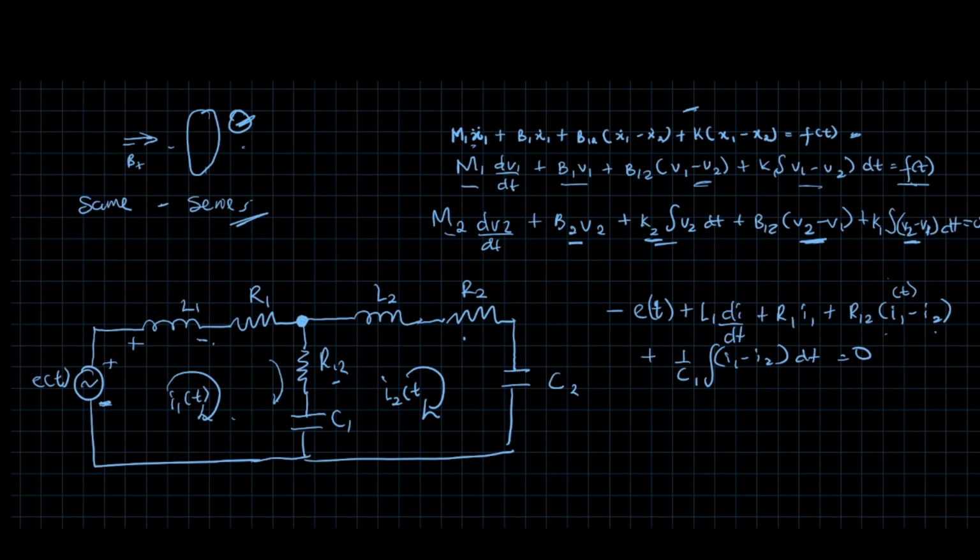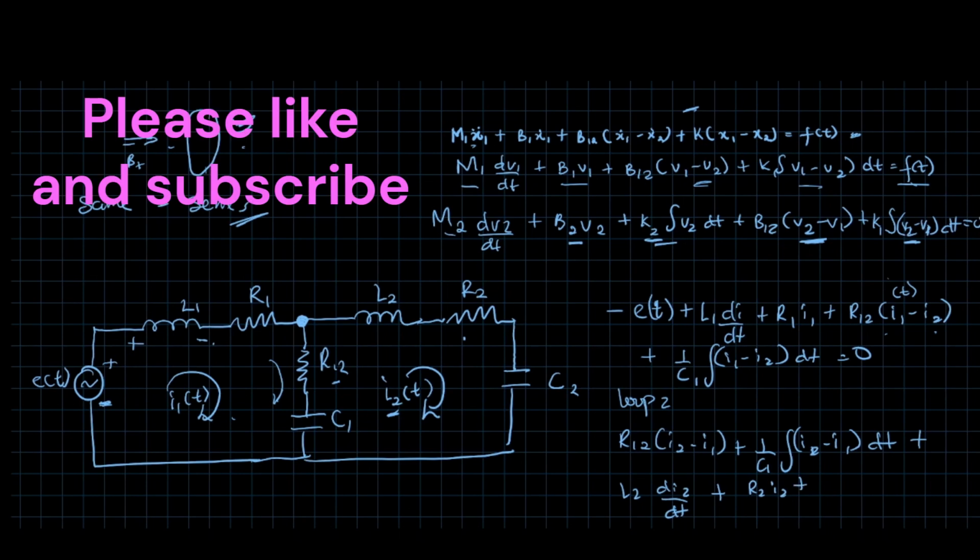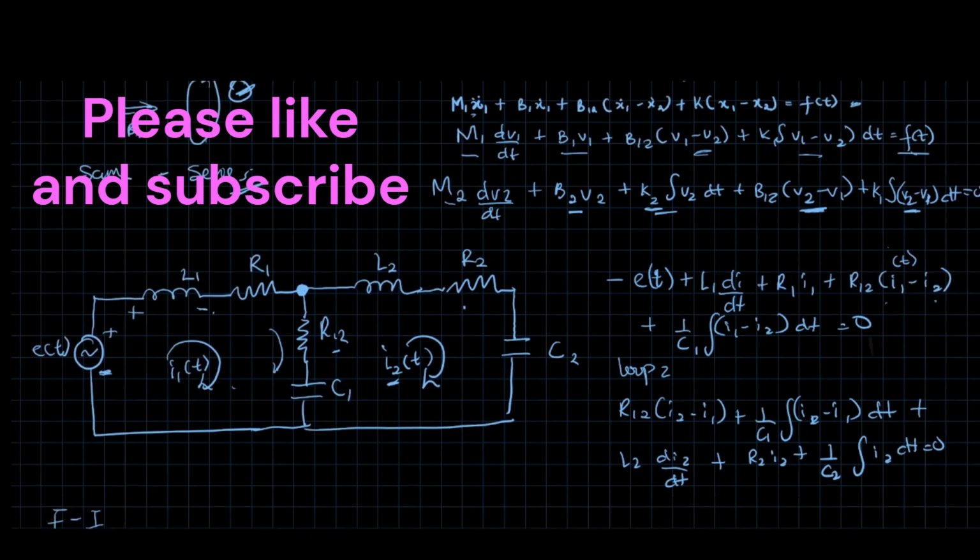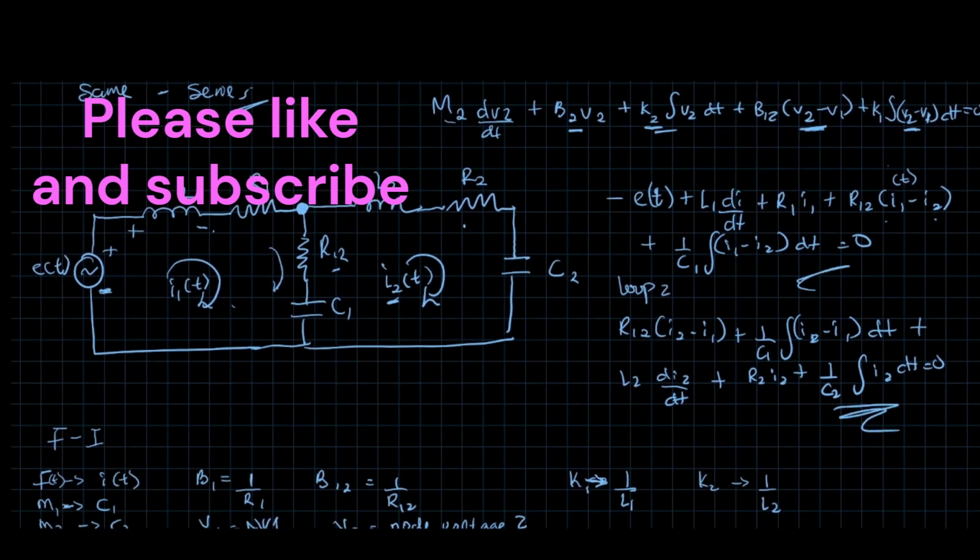And then for the second loop, loop 2, we're going to have R12 (I2 minus I1), because we're working with reference to I2, plus 1 over C1 times the integral of (I2 minus I1) dt, we can reference I2 so I2 comes first, plus L2 dI2/dt plus R2 I2 plus 1 over C2 times the integral of I2 dt equals 0. So this is your final answer. These are your mesh loop equations, differential equations, and other equations. I hope you really understood. Thank you.